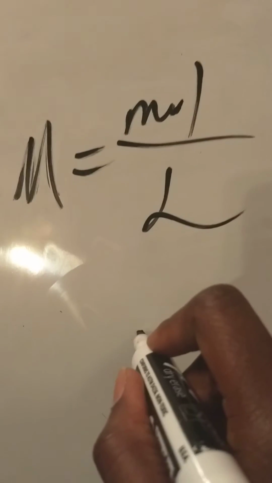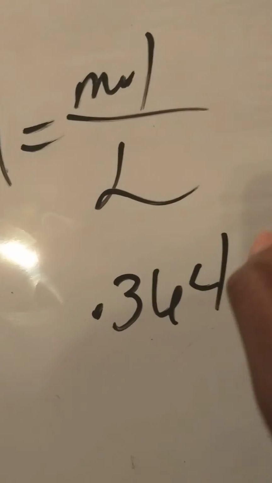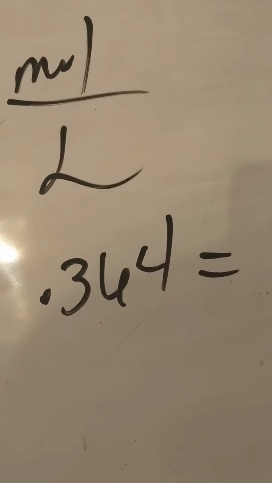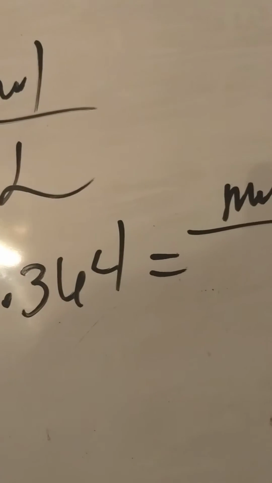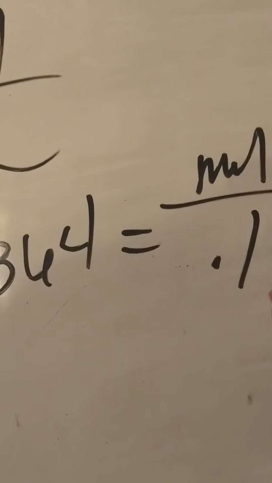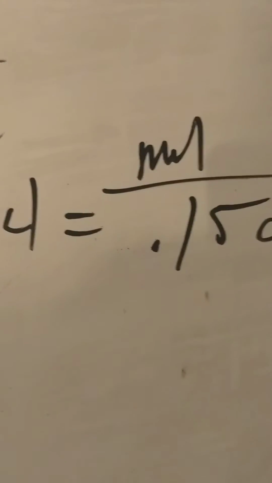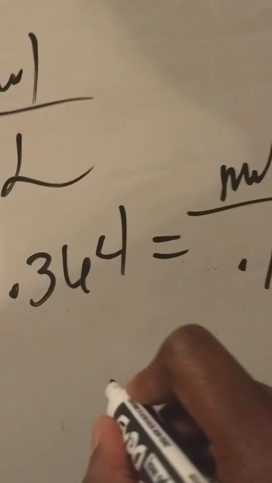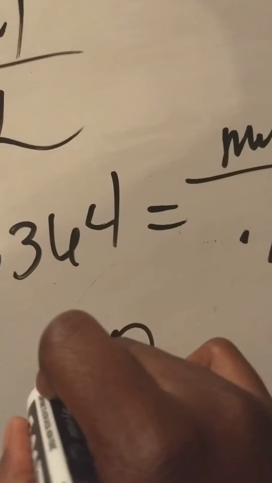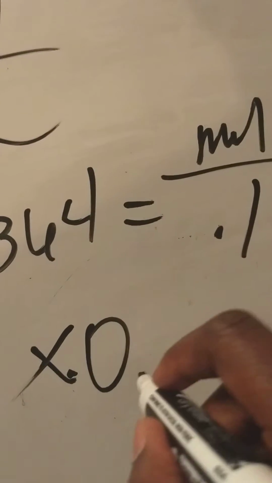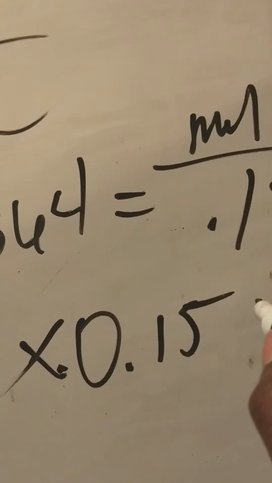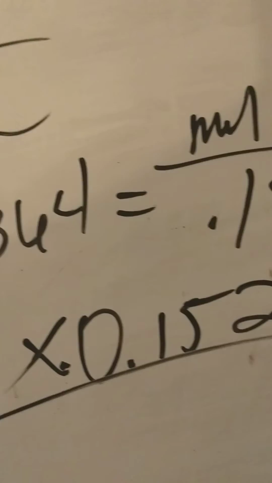Okay, so molarity. Moles over liters. So our molarity is 0.364 equals moles over 0.152 liters. Okay. Excuse me, this is my bad.